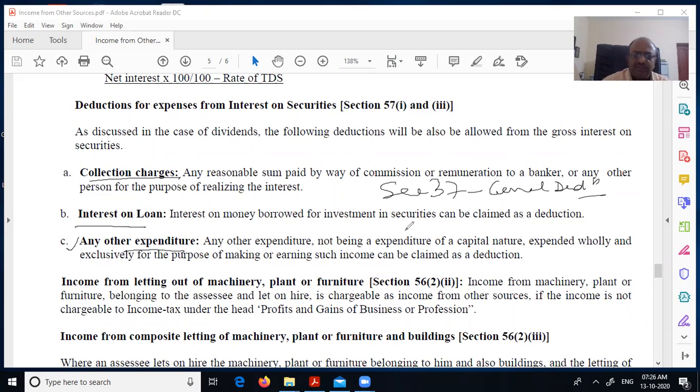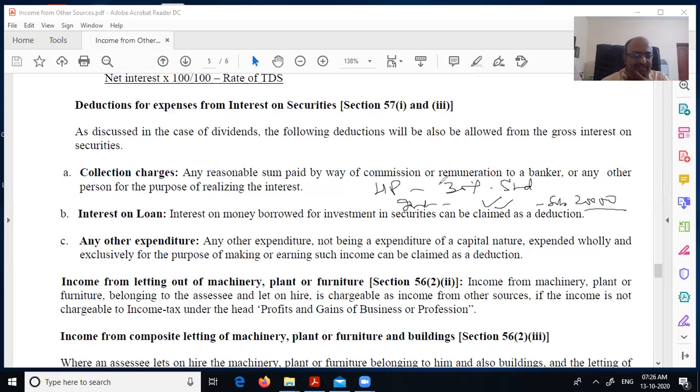But here it's very restricted. Therefore, it is better to avoid getting taxed under this head, unless it is mandatory and you can't help it. Under house property also, you've got a 30% flat standard deduction, plus interest, which, if you let out, the full amount can be claimed. Of course, subject to the 2 lakh limit. We'll come to that. I have not discussed this.